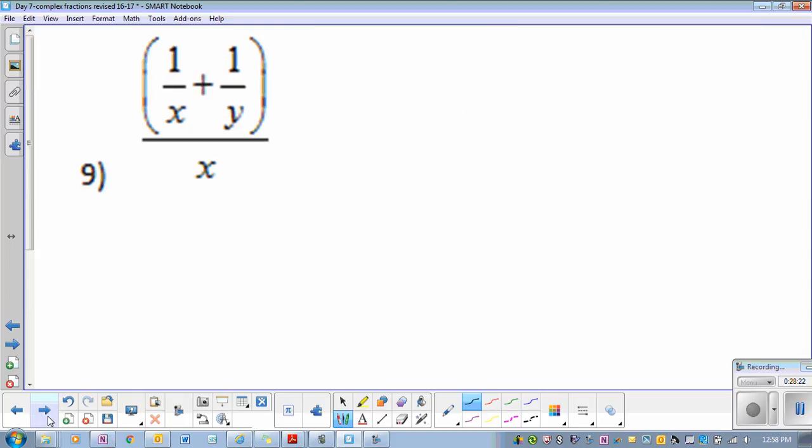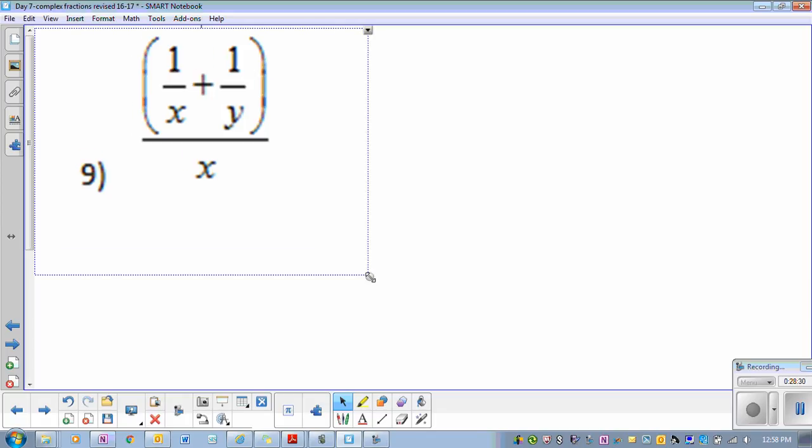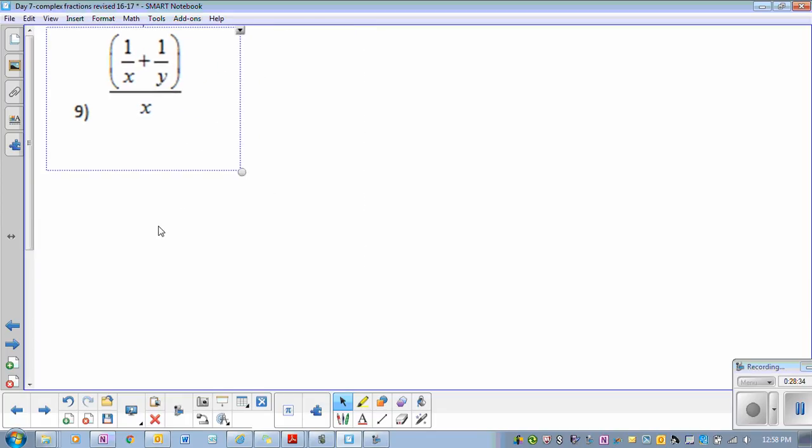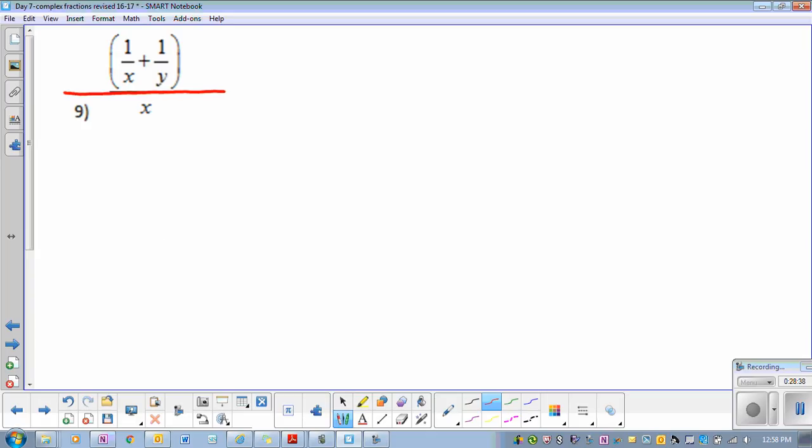All right. Okay, so let's look at number 9. So number 9, we have 2 variables now, but it still follows the same process, okay? So draw your fraction line a little bit longer. In the numerator, we have to add.